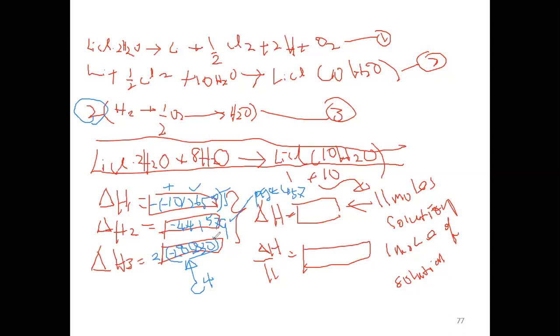So just sum all these values for H1, H2, so you can get delta H as well. This one is for 11 moles, and then for 1 mole of the solution you have to divide by 11 moles. So you can get the answer. Please find the final answer.